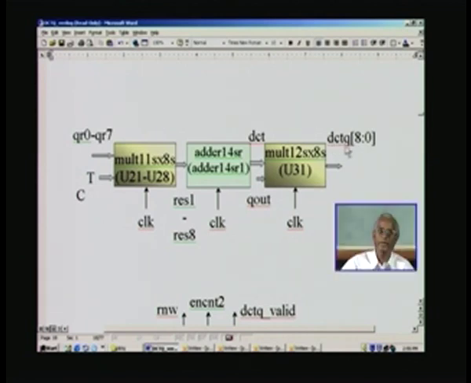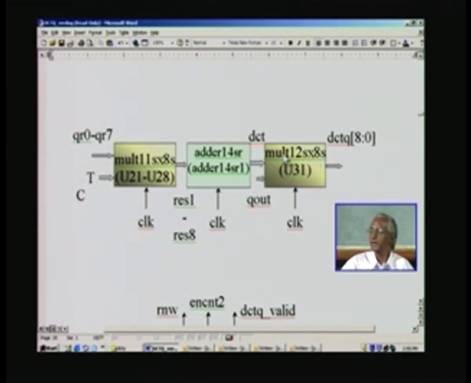DCTQ is actually a division of DCT by the quantization value, but division can be interpreted as a multiplication if you invert the quantization value, and that is precisely what has been done here. In the ROM we have inverted the value so that we can use a multiplier there instead of a divider, that is all.